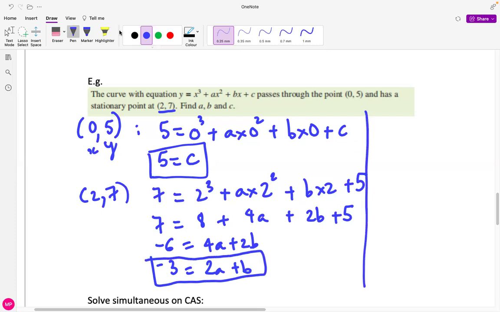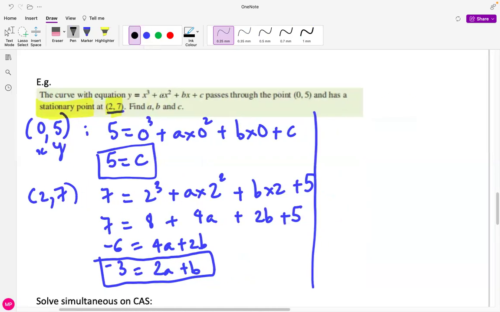Now, what is another keyword that I have to look for here? They tell me that it's the stationary point at (2, 7). So if it's stationary, we talk about the stationary rate, the derivative equals 0. So stationary means that at x equals 2, the derivative equals 0. So this is how we get the next equation. So we're going to differentiate this. Derivative of x cubed is 3x squared.